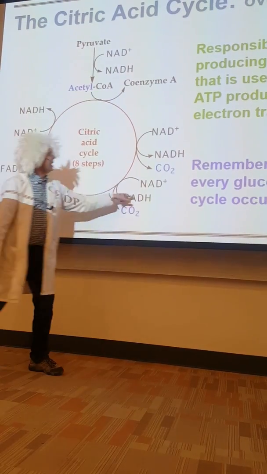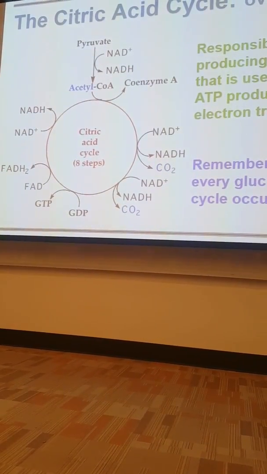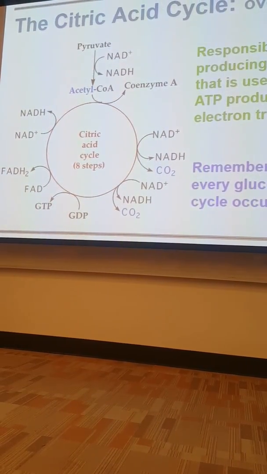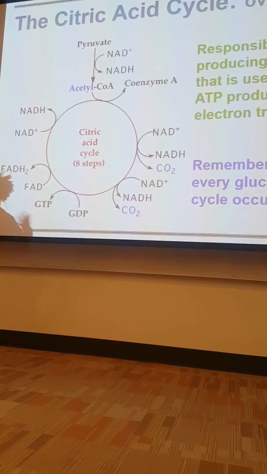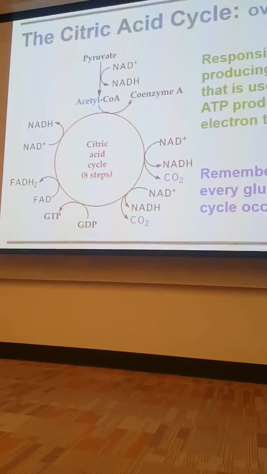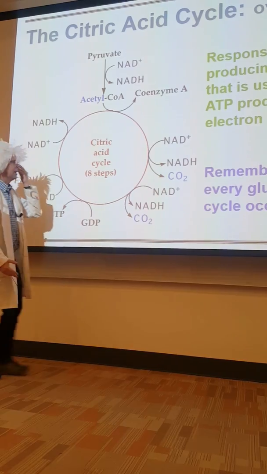This stuff, NADH, FADH2, is like somebody paying you a check that you have to go cash in to get that money from. What is the bank we're talking about? You're cashing these electrons in at the electron transport chain. And the electron transport chain takes those electrons and uses those electrons to drive ATP formation.